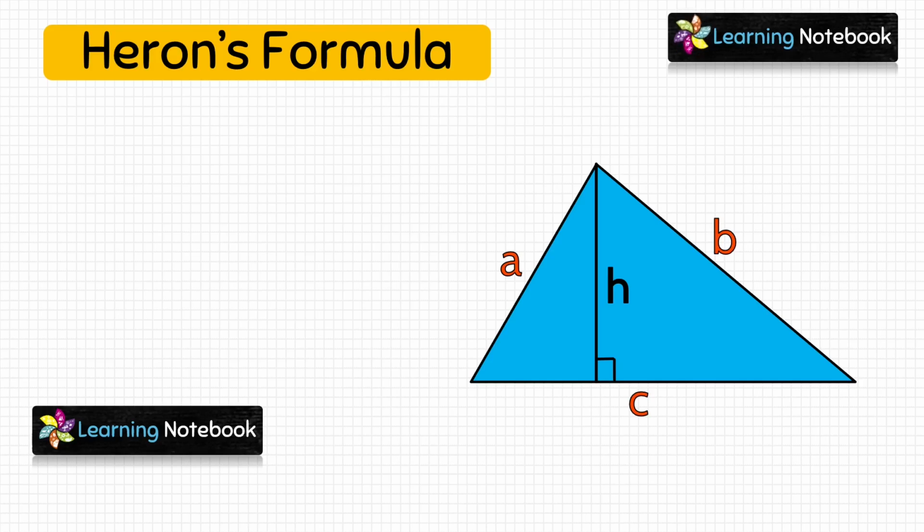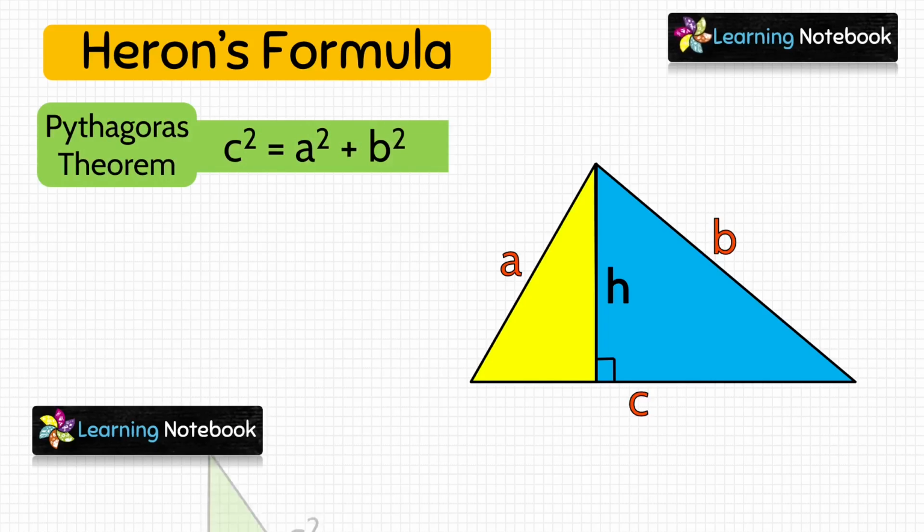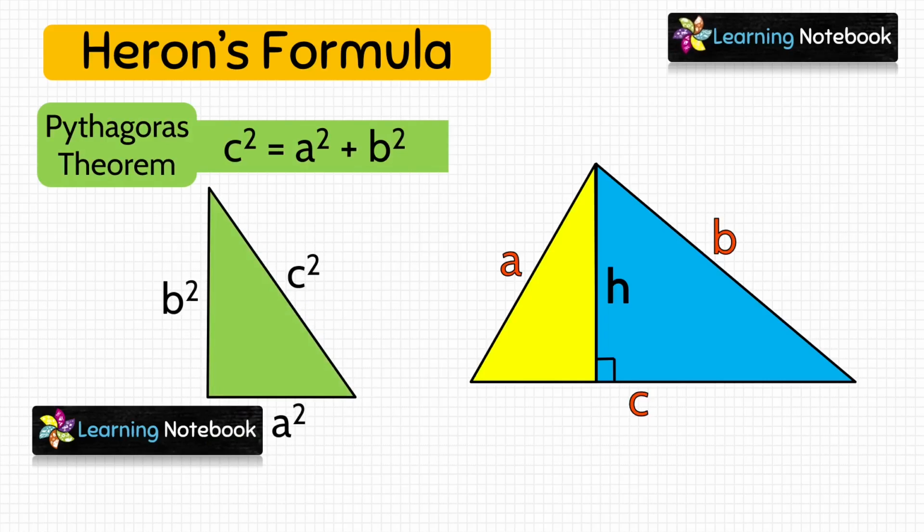Now, if you see carefully, height h is dividing this triangle into two right-angled triangles, a yellow triangle and a blue triangle. And students, what do we recall when we see a right-angled triangle? Yes, Pythagoras theorem, which is c square equals a square plus b square.